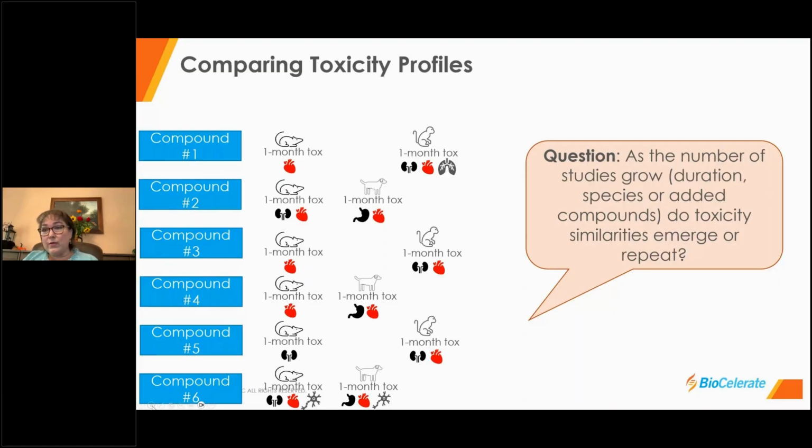Does that extend out to the non-rodent? So now with cross-study analysis, putting all of these on the same playing field, so to speak, could you see that the trend is continuing across different species with the cardiovascular findings? So again, what is the same? What are the signals that I'm seeing as the number of studies continues to grow? Next slide, please.